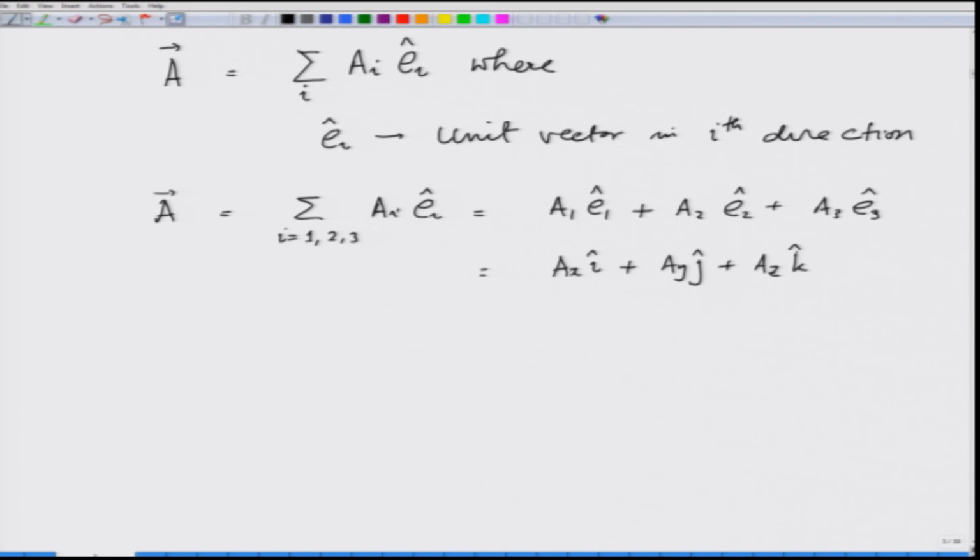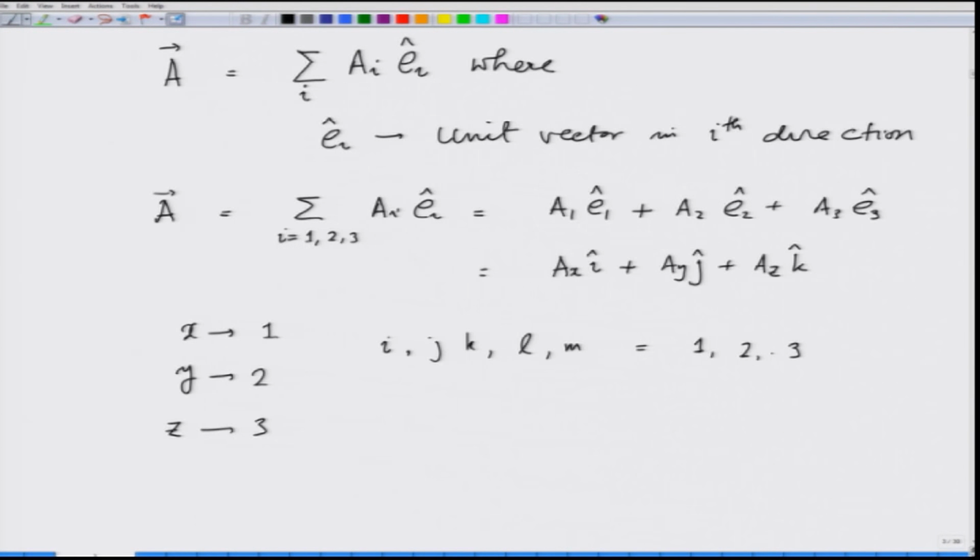So, this is just getting used to it: I am going to denote x as 1, I am repeating it, y as 2 and z as 3, and any subscript i, j, k, l, m, all of these vary over 1, 2 and 3.